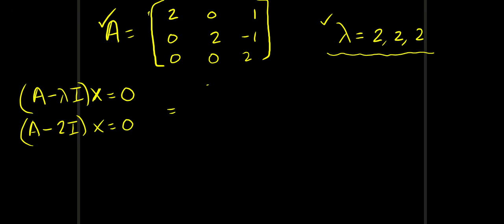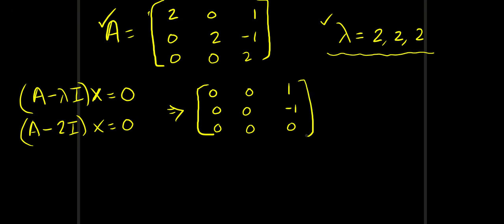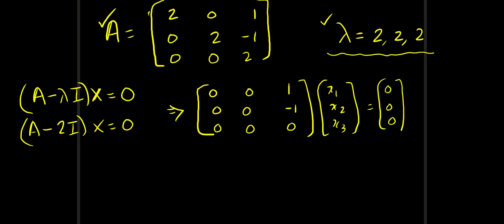That means my equation will be 0, 0, 1, 0, 0, minus 1 and 0, 0, 0, into x1, x2, x3 is equal to 0, 0, 0.